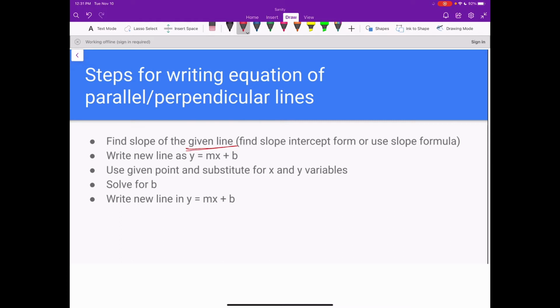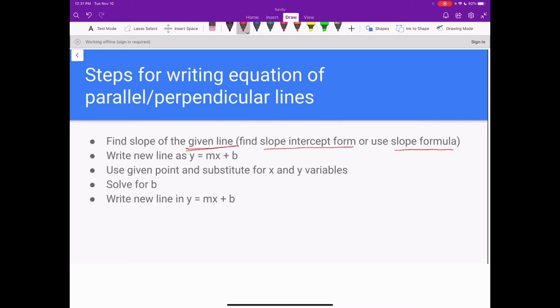It may be in slope-intercept form, so you can just identify the m, the slope, in y equals mx plus b. Maybe you need to put it into slope-intercept form, so rearrange some of your terms. Or if you were given 2 points that lie on the line, or the endpoints of a segment, you could just use the slope formula to find the slope between those 2 points. Either way, you're going to find the slope of that given line.